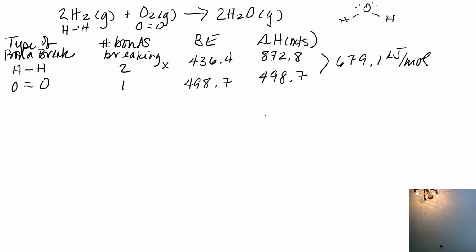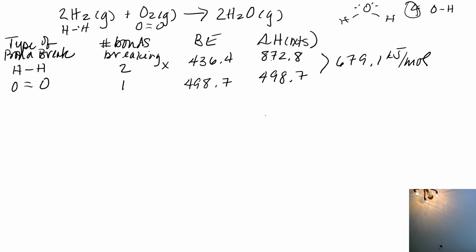Now we're going to take a look at the bonds forming. Now we have O-H bonds, and we have 2 of those in 1 mole of H2O. Sorry, bear with me here. But since we have 2 moles, that means we have 4 of these.